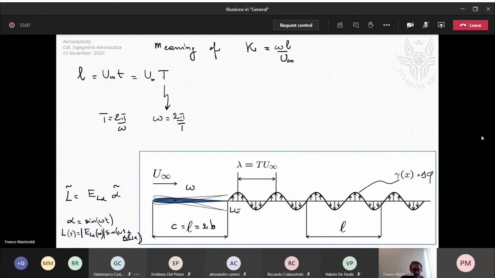So this time T is equal to the period T by N. And N is the number of cycles that are present in a length L.